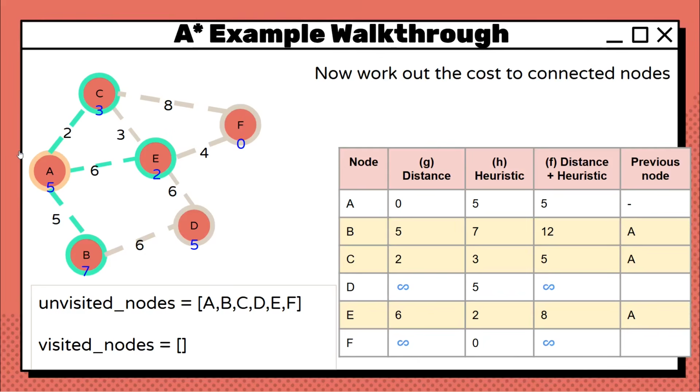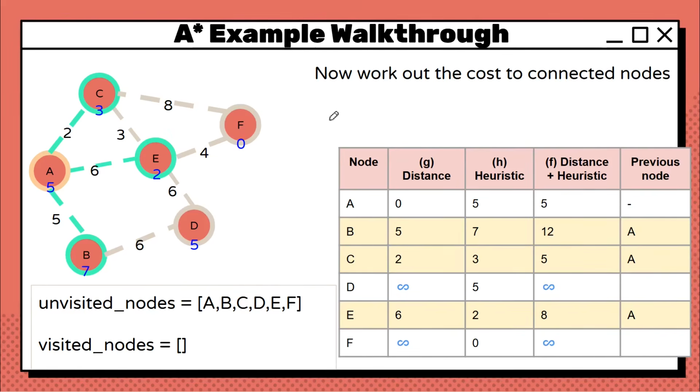So we now work out the cost of connected nodes to A using the distance and the heuristic values. So the cost of traveling from A to B is 5 and then 7 for the heuristic value, which equals 12. So we add that into our table.